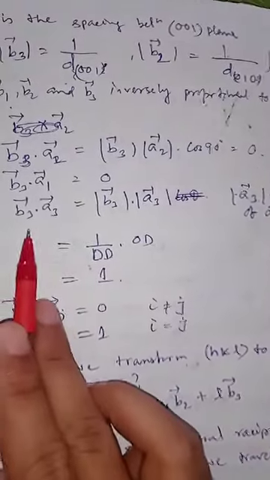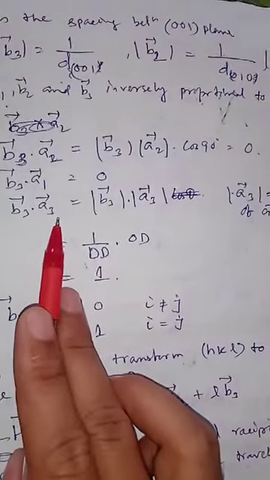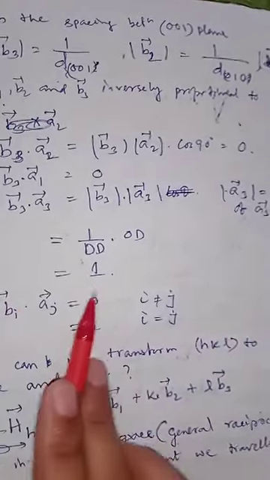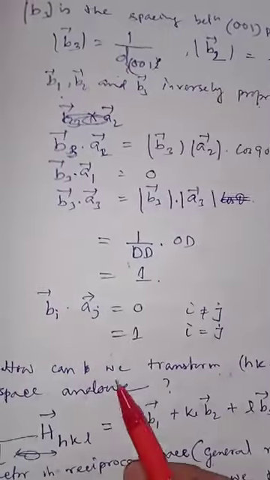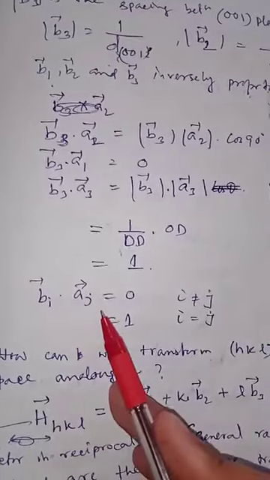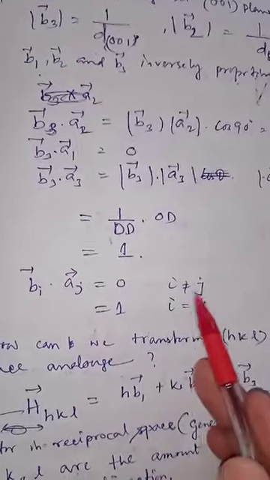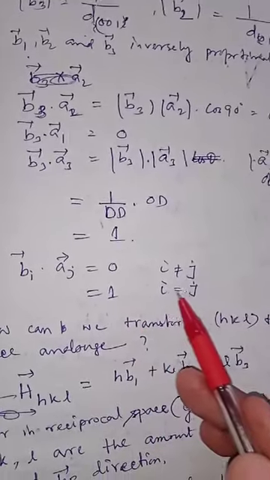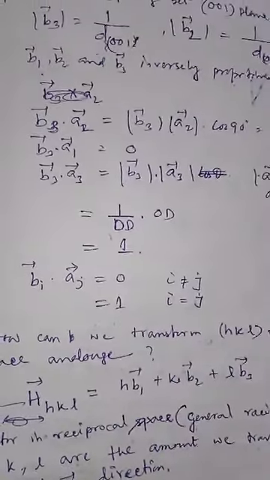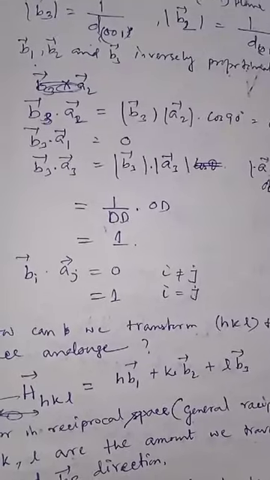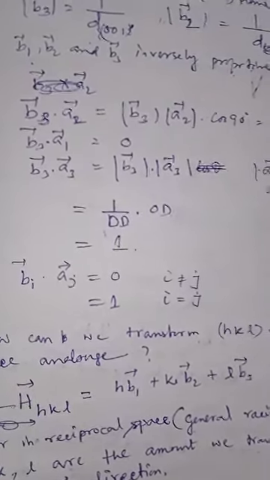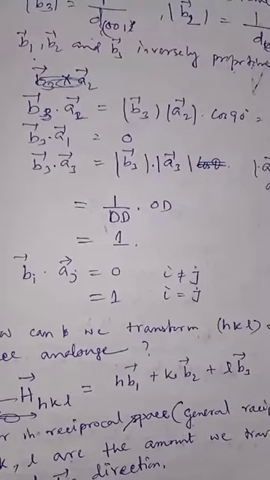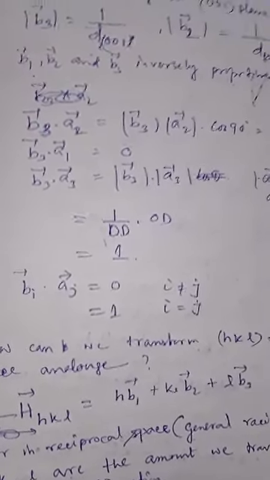So A3 dot product B3, or B3 dot product A3, will be 1. So we can say that Bi dot Aj equals 0 where i is not equal to j, and that will be equal to 1 when i equals j. Okay, so that is the relationship between your reciprocal space vectors and real space vectors, how they are related.